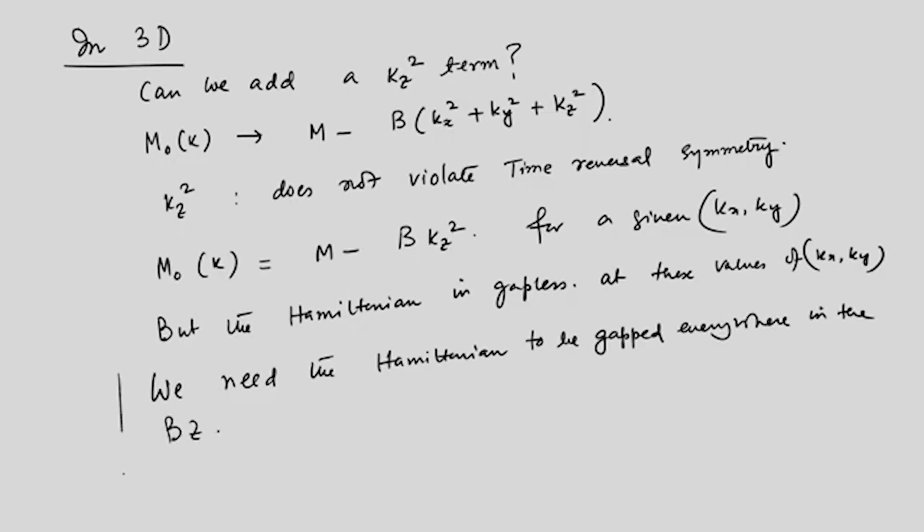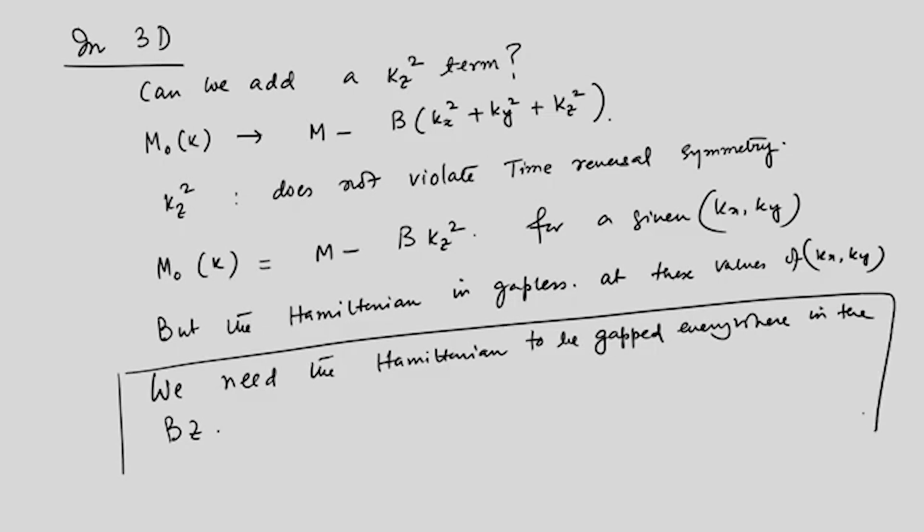So this is a requirement that we have, but clearly this choice that we have taken, that is, adding a b kz square to this problem, does not help, because as kz goes to 0, the gap will go to 0. Okay. But you want the Hamiltonian to be gapped. So is there a different way of doing it?